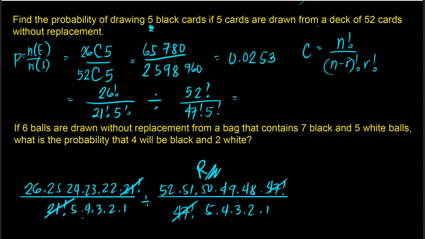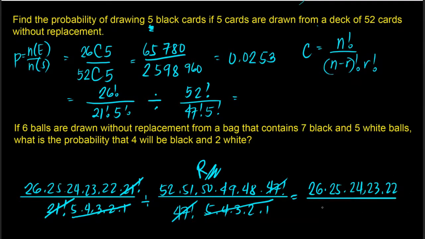So, this will cancel out, and this will cancel out. Follow what I said with a piece of paper to understand why it cancels. What you're going to put in your calculator is 26, 25, 24, 23, 22, all over 52, 51, 50, 49, 48.